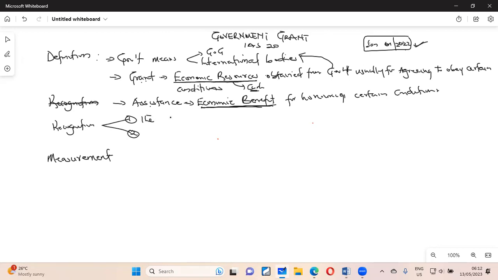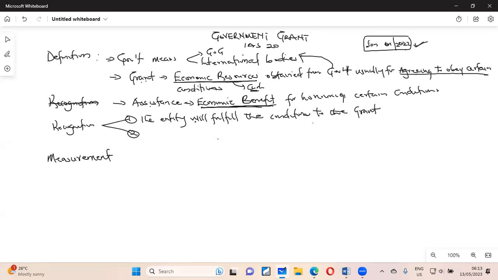So the entity will fulfill the conditions to the grant. Because we said that the grant is given after you have agreed to obey. So if you don't obey, then you can't have the grant.